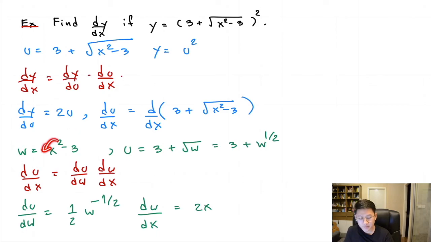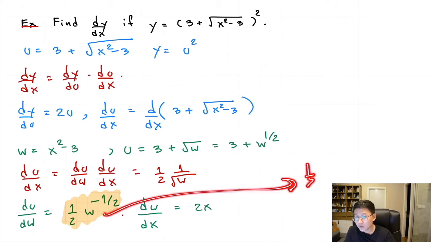So du by dx would be du by dw, which is half of 1 over square root w, times dw by dx. This guy I'll do a little quickly here. This guy is du by dw, right? But here it is half of 1 over w to the power of 1/2, right? And that is just this guy, isn't it?